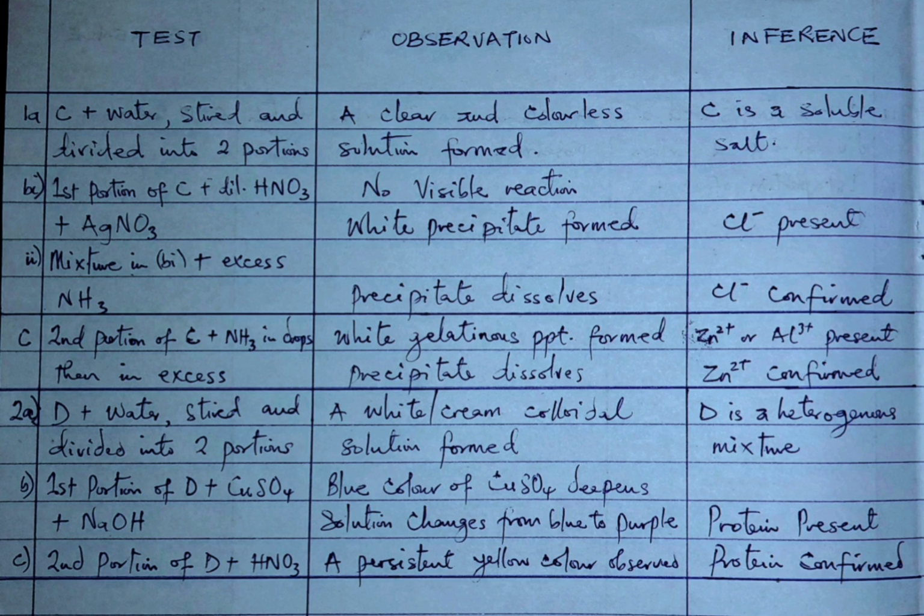When we add it, we'll discover that a yellow color will be formed, a persistent yellow color. So the solution that was whitish or creamy will turn to yellow, and when that turns yellow, you've confirmed that protein is in that substance. So protein confirmed. Let's see how that is carried out.